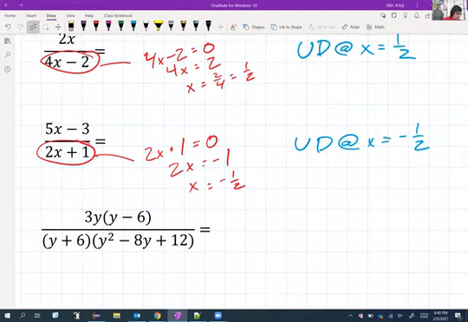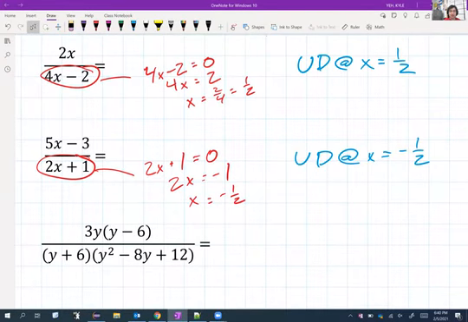Now let's make things a little trickier, bump it up a notch. What if it's a little more complicated? y plus 6 times y squared minus 8y plus 12. Where is that rational expression undefined? Well, it's going to be in multiple places. The first one is not too bad, because where would y plus 6 equal 0?